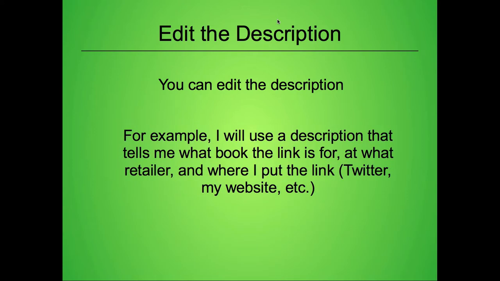For example, I'll use a description that tells me what book the link is for, at what retailer, and where I put the link, Twitter, my website, etc. And this is in addition to some of that information being in my short URL. But this just gives me another handy place to look on my dashboard to understand what the purpose of that link was.